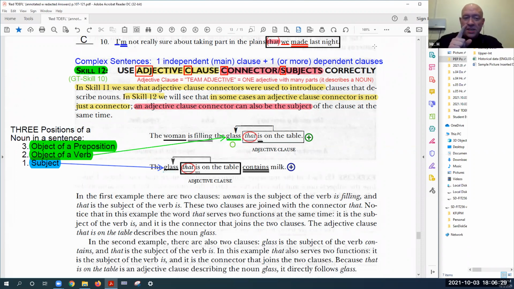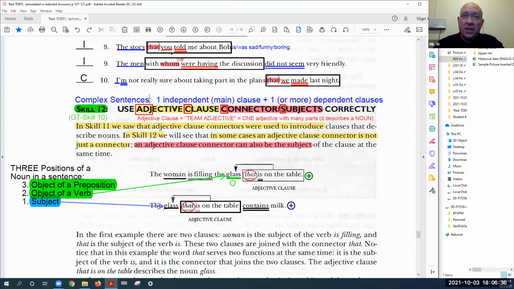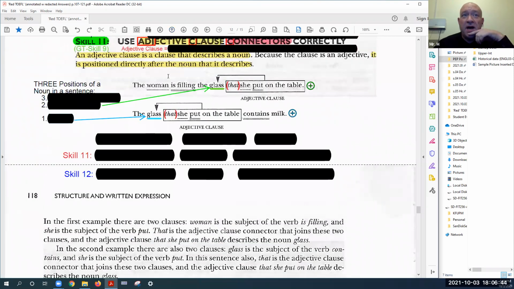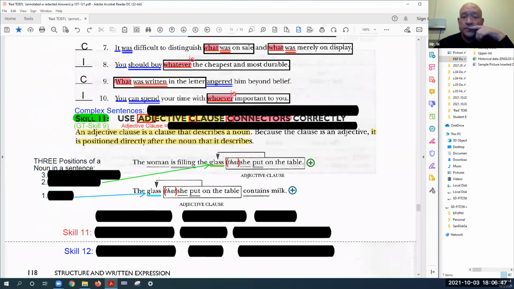Before I continue, everybody look at skill 12. Now I'm going up to skill 11, and I want you to compare the name of 11 and the name of 12. See if you can find the difference. Can you read skill 11? Use adjective clause connectors correctly.